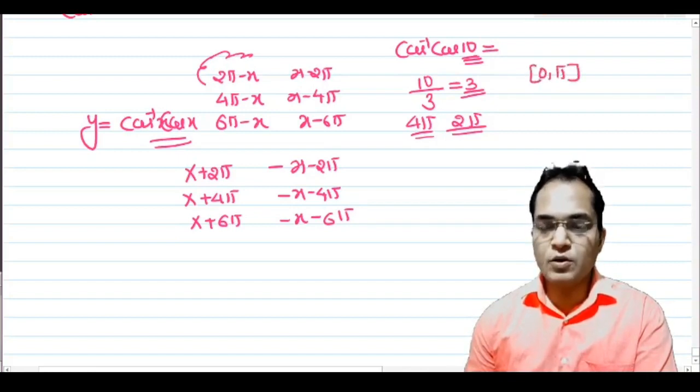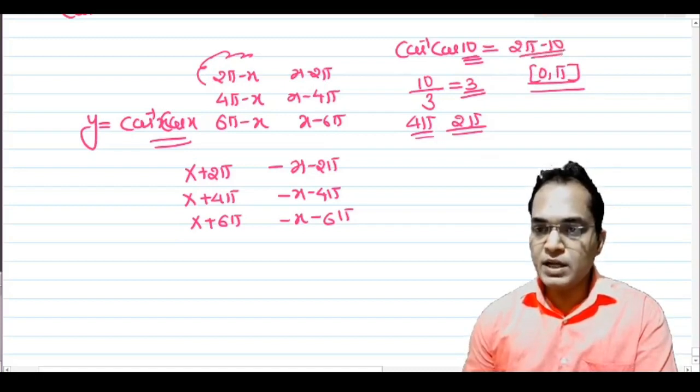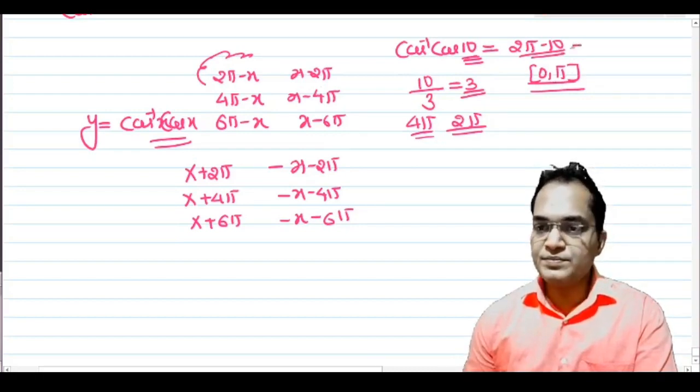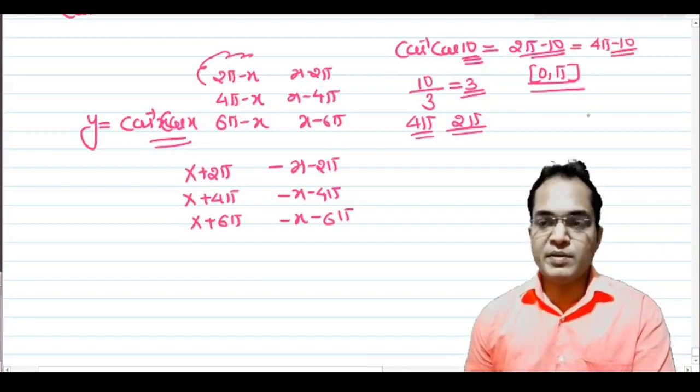This is your fundamental goal. If we put 2 pi minus 10, we observe whether it comes in this interval or not. If not, then we apply the formula 4 pi minus 10. If 4 pi minus 10 comes under this interval, it will be our answer.